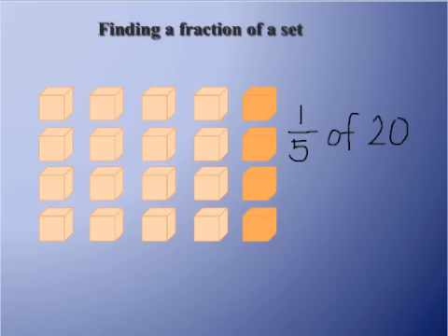So after splitting my 20 cubes into 5 groups, I then worked out how many cubes were in one of those groups. One out of the 5 groups had 4 cubes, or 1/5 of the 20 equals 4.